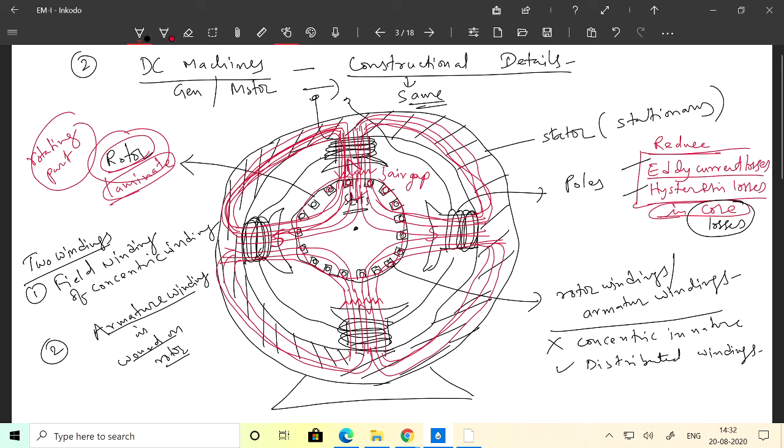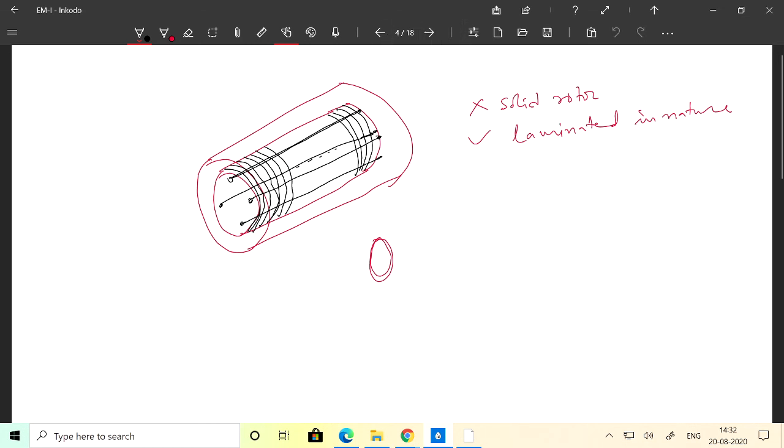And in some cases, in addition to the rotor laminations, the pole shoes are also laminated.